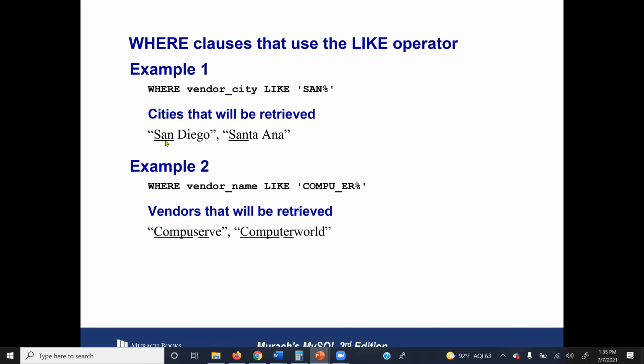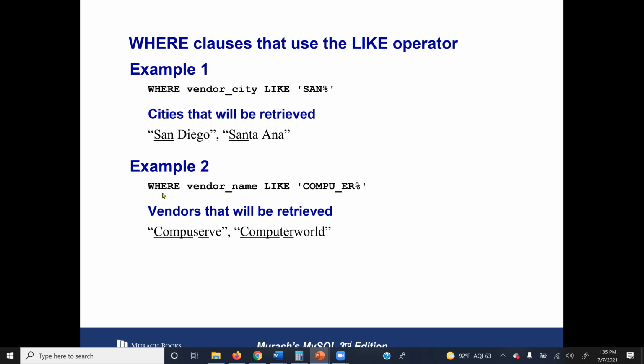San Diego also will be retrieved because it starts with SAN. So here we say where the vendor city like the first three letters. The percent means any characters that continue, any amount of characters.